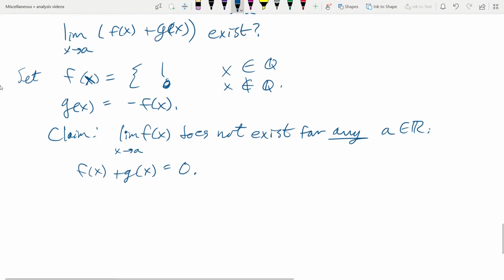Okay, so same question. I probably shouldn't use q because that's already representing rational numbers. Same question for f of x times g of x.